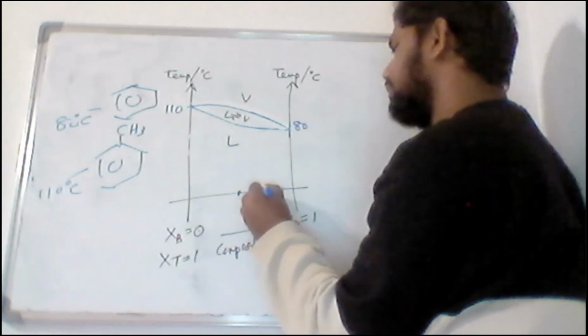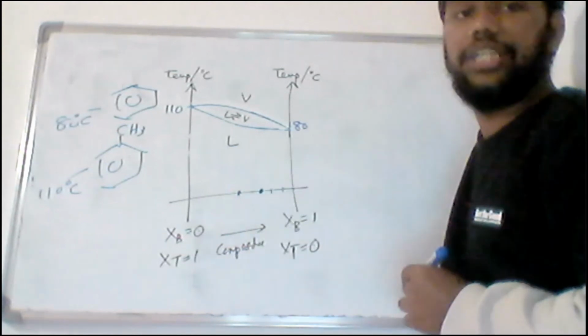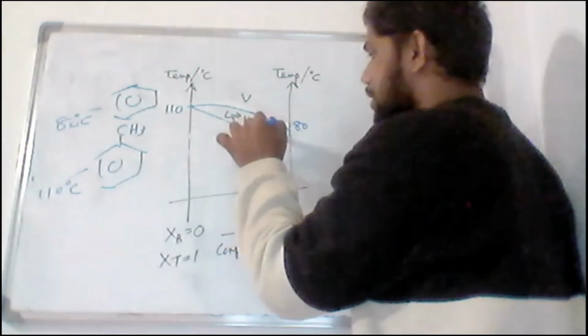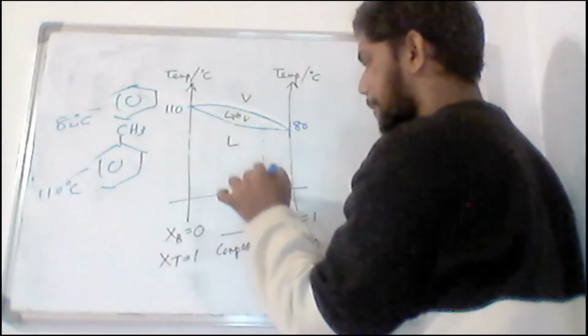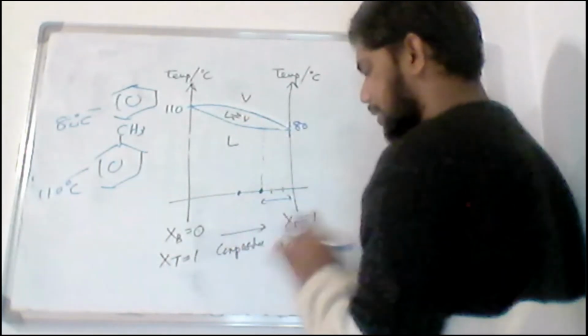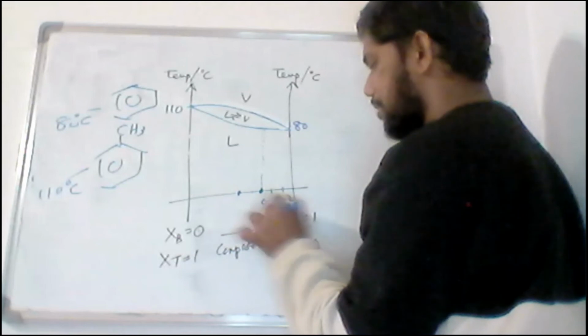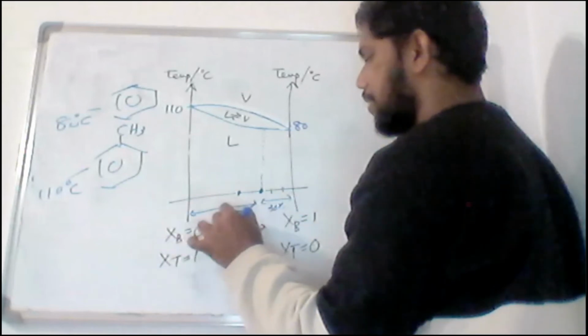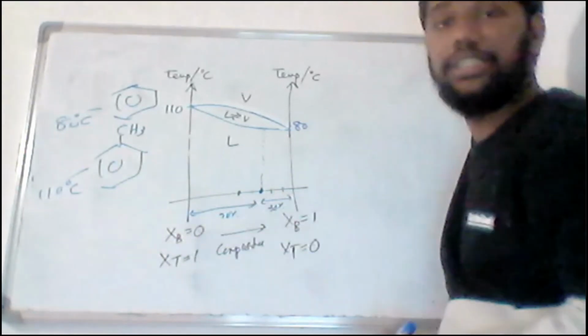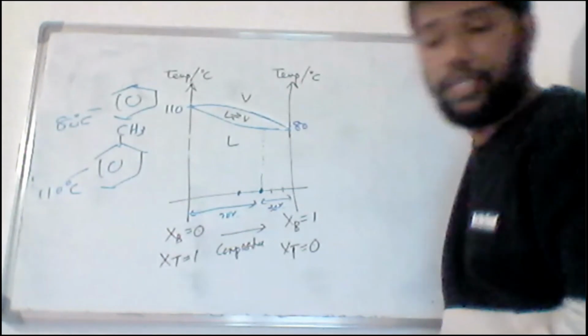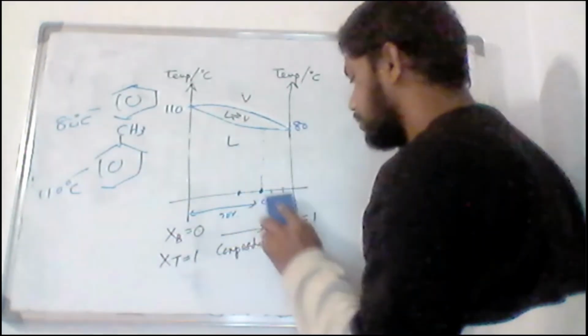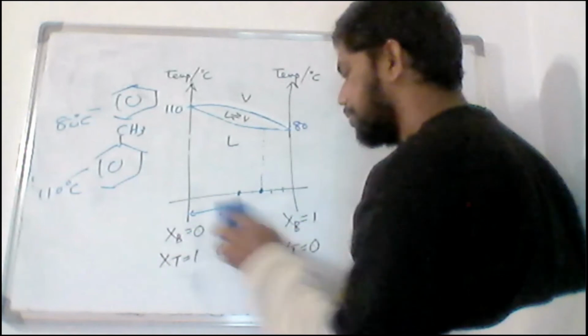They are asking for a position around this. What is the composition here? Here you can see there is 30% of benzene and 70% of toluene. So this is the liquid mixture P. You don't need to mention those things, it is just for the explanation.